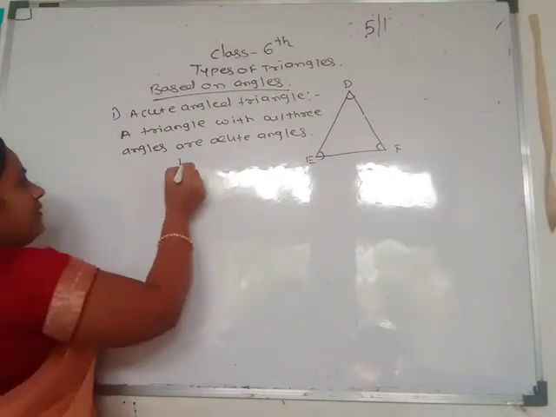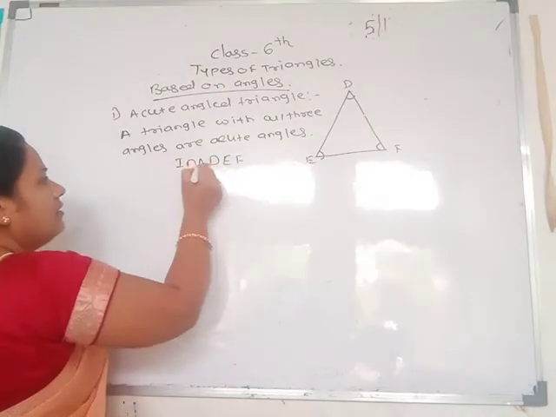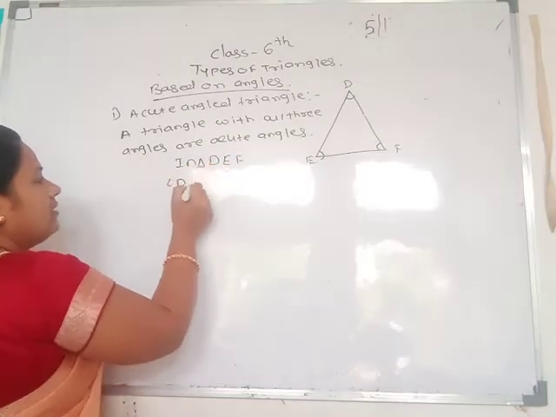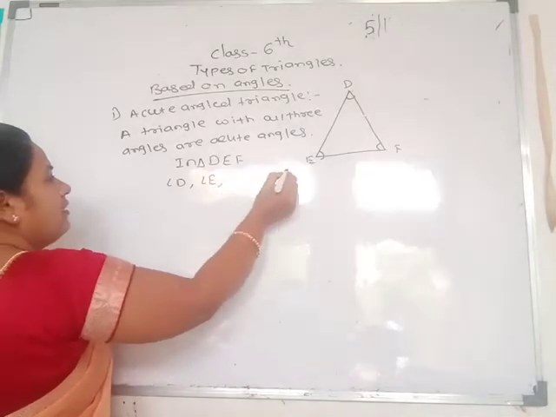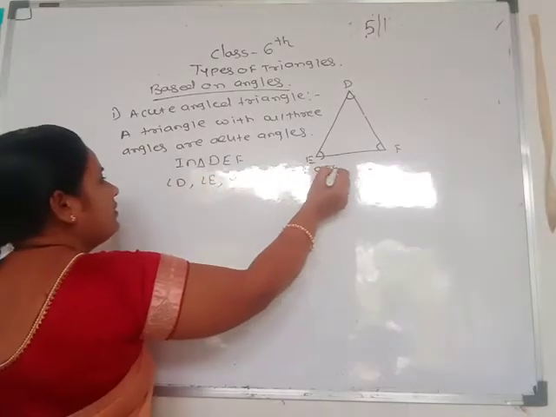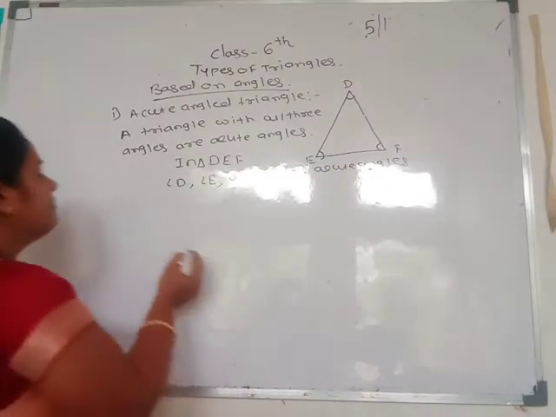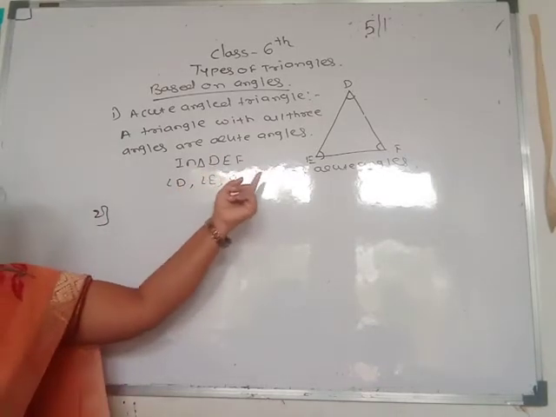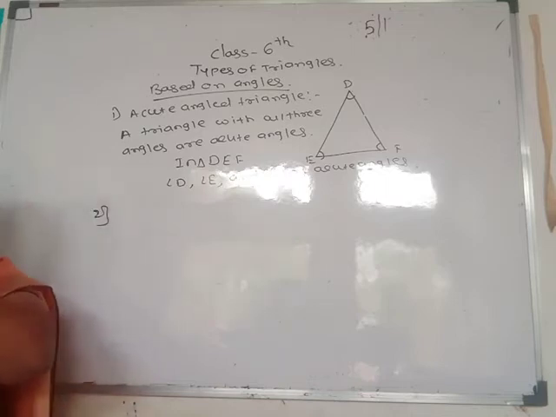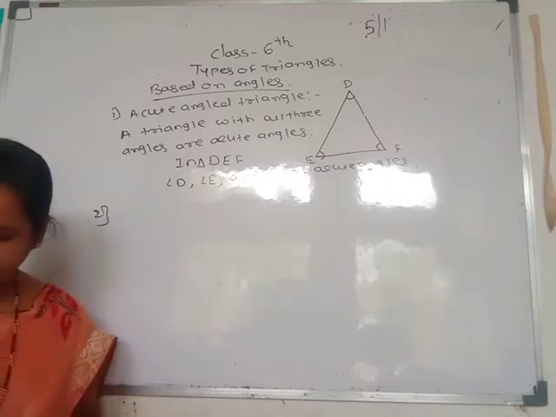See in triangle DEF, angle D, angle E and angle F are acute angles. In an acute angled triangle, all three angles are acute angles, which means less than 90 degrees.